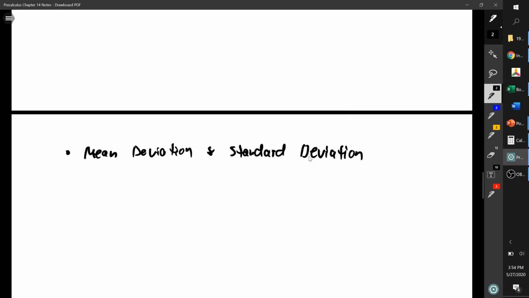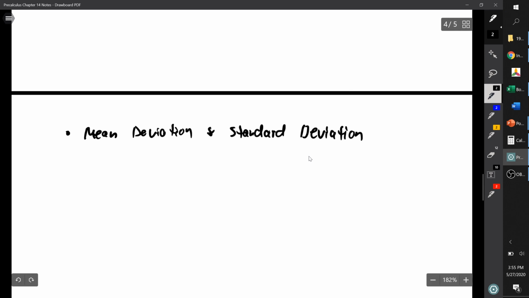So if your data points are all super close to the average, you would have a very, very small mean deviation because your data points on average are very close to the average. Whereas a very big mean deviation means that your data is spread out a whole bunch. And that's really important. Mean deviation and standard deviation, especially standard deviation, are really important for analyzing aspects of statistics.